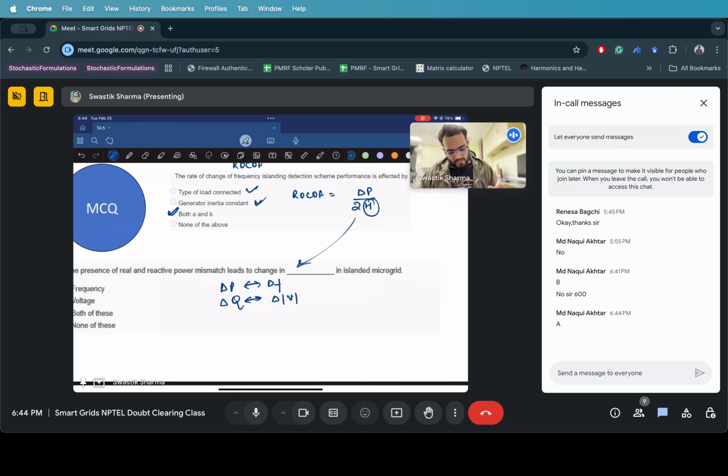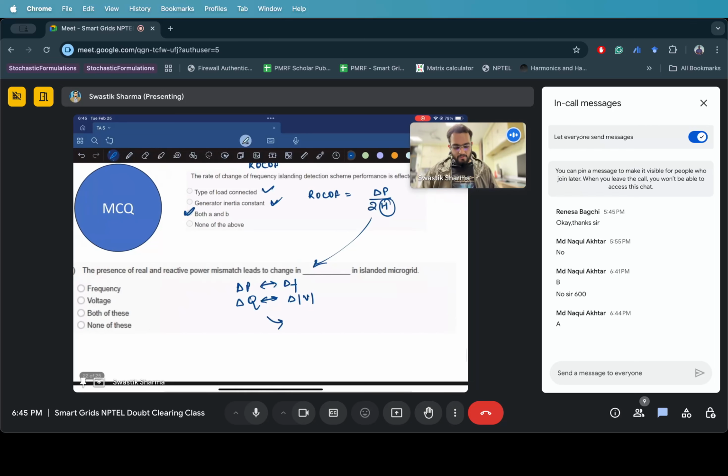Directly from this equation, you can see that rate of change of frequency is directly proportional to delta P. In delta Q, the amount of reactive power in the system matters; you've seen a capacitor supplying reactive power, it increases the voltage at a particular node, right? We'll discuss in the next few weeks, when we discuss group control, why this happens, but just bear with me for a few seconds: change in reactive power affects the change in voltage. So if there is both real and reactive power mismatch, both frequency and voltage will be affected.